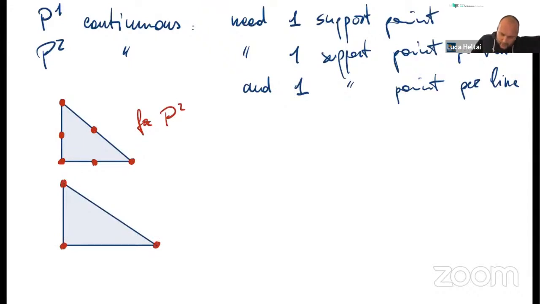Now, if I restrict to an edge, I need to have 2 support points more, because on a line, a polynomial of order 3 is specified by 4 support points, 2 on the vertices and 2 inside the lines. And now I have 2 more here. I have 2 more here. And if you look at the dimensions in order 2, there's 1 missing, and the 1 missing is the one that is in the center here. Now, I'm not very good at drawing these things, but let's try to be more.